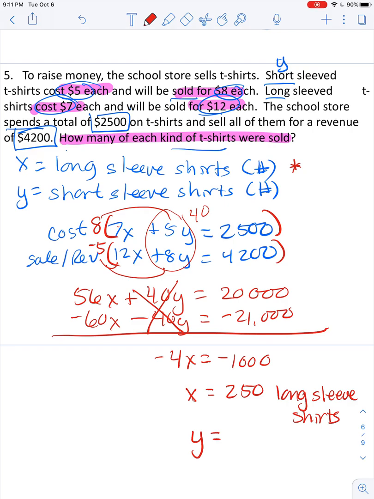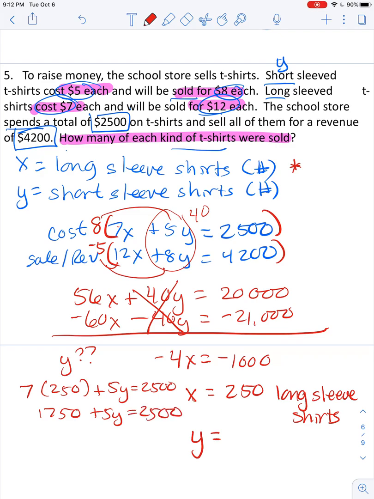And then when I go and find Y, which is kind of going to be a hassle, I'm going to have to go back in and say, okay, well, I take the top row. 7 times 250, because that was my X, plus 5Y equals 2,500. I'm trying to find Y. So when I go through here, I'm going to have 1750 plus 5Y equals 2,500.